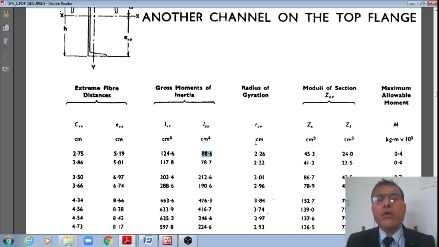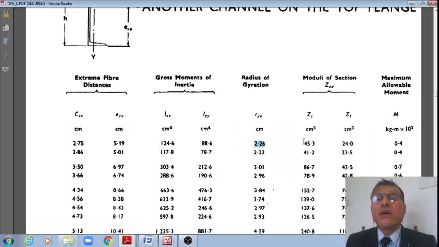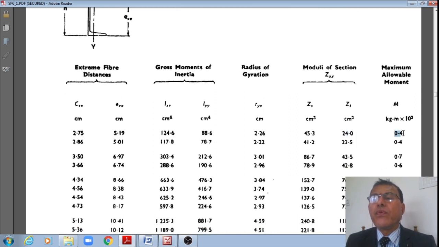And the radius of gyration about this weak axis or minor axis is equal to 2.26 centimeter, and the modulus of section about the XX axis is equal to 45.3, as well as about that weak axis is equal to 24 centimeter cube, and the maximum allowable moment is 0.4 ton meter, or 0.4 10 to the power 3 kg meter, or 4 kilonewton meter.